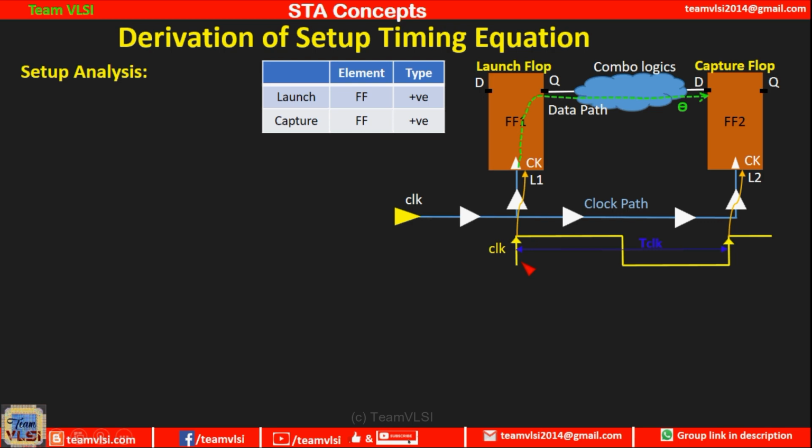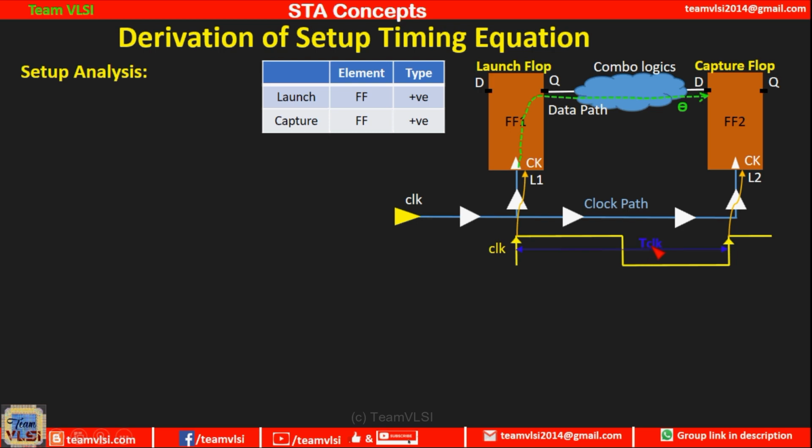The time difference between these two rising edges of the clock is the clock period, so we will indicate it by T clock, the time period of the clock signal.